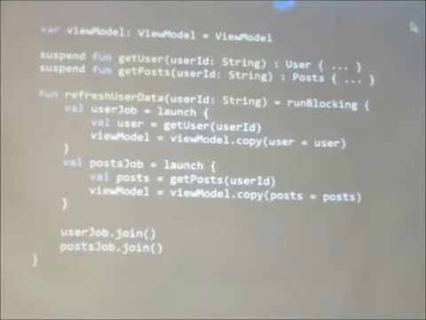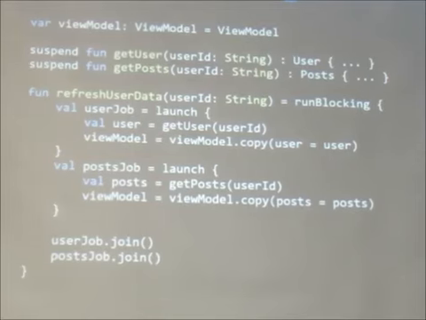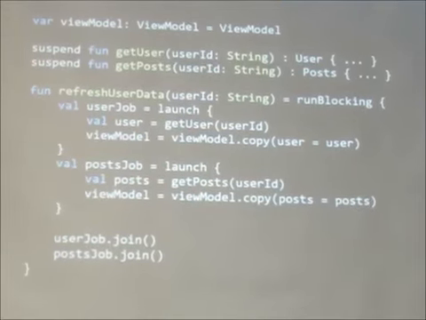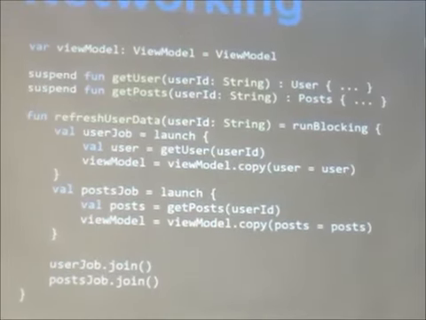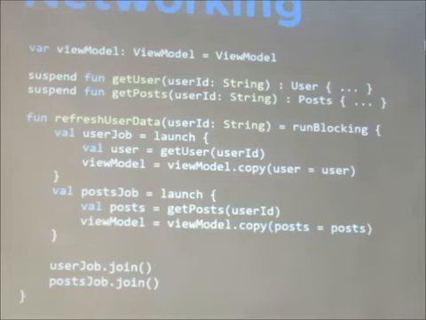Let's take the example of Kotlin Waterloo. So we have this refresh user data function, and it spins up two background threads, one to get the user and one to get the posts, and set them in the view model. Who can see a problem with this?